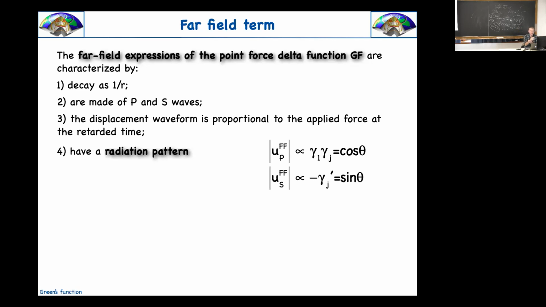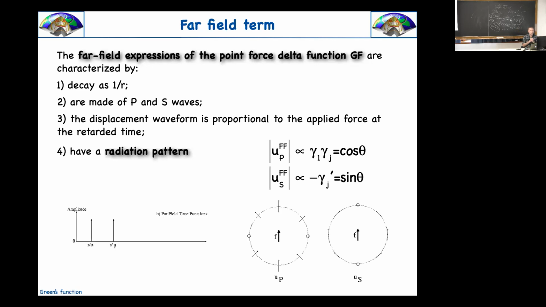But the fourth property contains the news that we were waiting for. It has a radiation pattern. And if you work out the direction cosines in a specific case, you will see this pattern. And this maybe contains the answer to your probable question. Let's imagine looking at the force from the top.